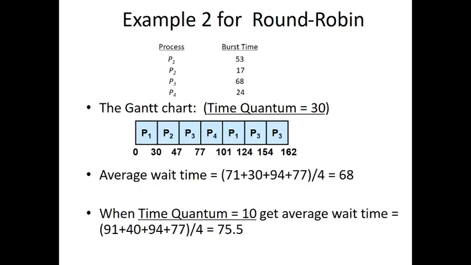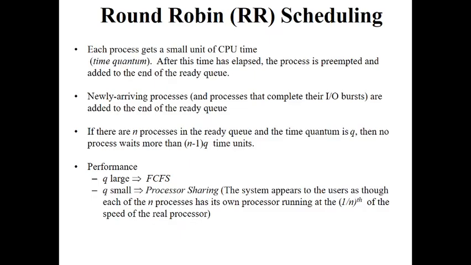Here we are not calculating the context switch time, but in a practical scenario there will be. Too many context switches will waste CPU time, which is really unwanted.